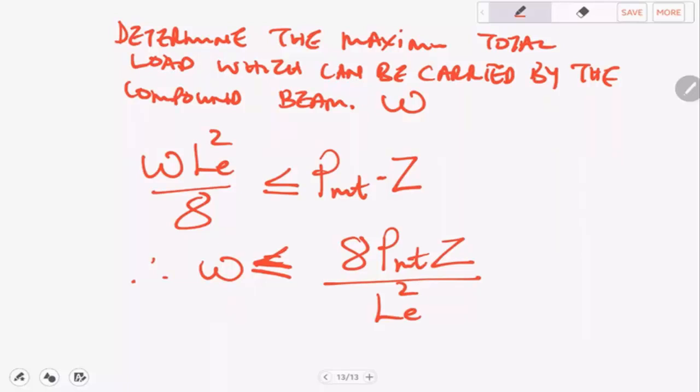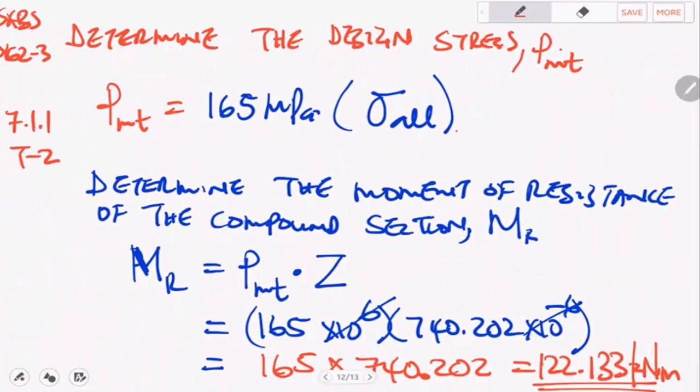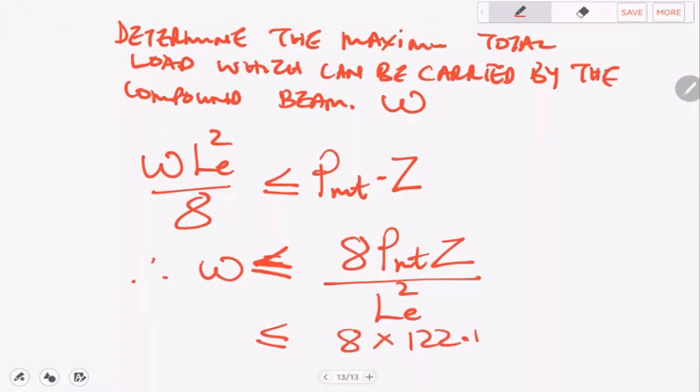So this must be less than or equal to 8 times 122.133 times 10 to the power 3, because p_MT times Z is equal to that value, divided by the value of the span.